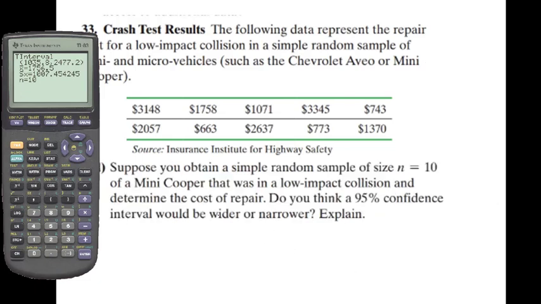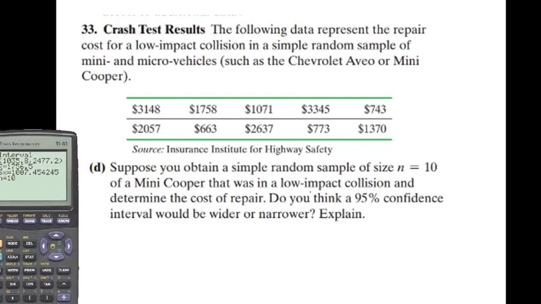Suppose you obtain a simple random sample of size n equals 10 of a Mini Cooper that has a low impact collision and determine the cost of repair. Do you think a 95% confidence interval would be wider or narrower?